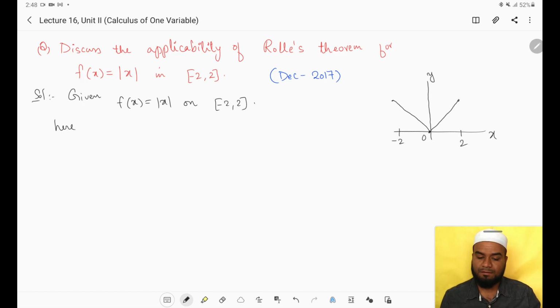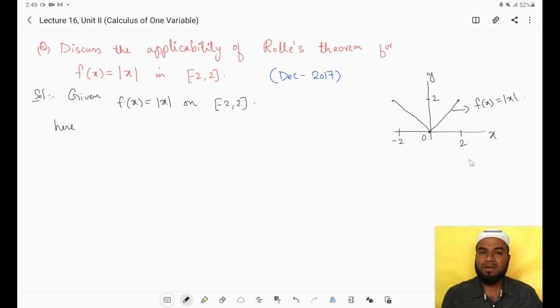This is the graph of the function f of x equals mod x, right? So how am I drawing it? When you put x equals 0, we will get 0. When you put x equals 2, we will get 2. When you put minus 2, mod of minus 2 will become plus 2. So that's why we will get this point. So when we join the points, we will get a graph of this shape, right?